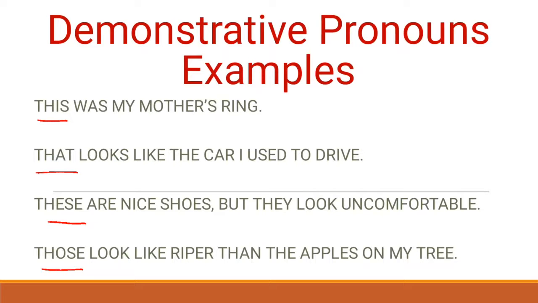Now, in all these examples, you will notice that all the demonstrative pronouns, this, that, these, and those, are standing alone. They are not followed by any noun. Rather, they are followed by a verb.